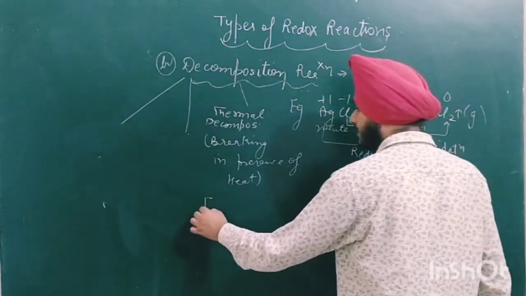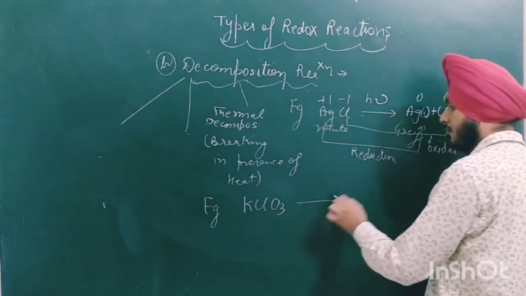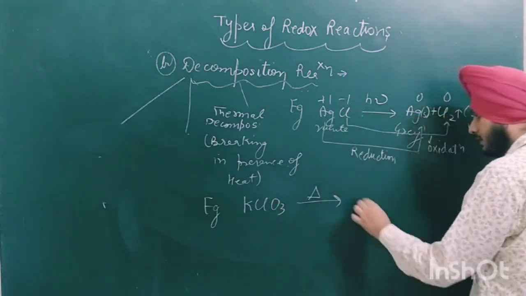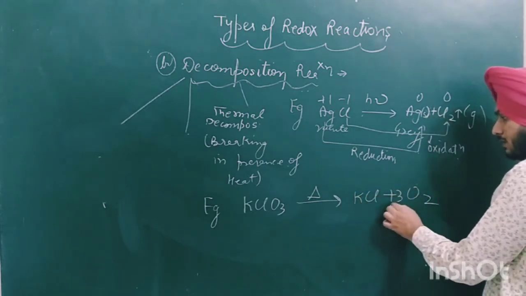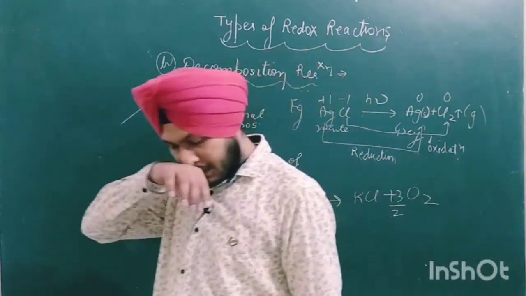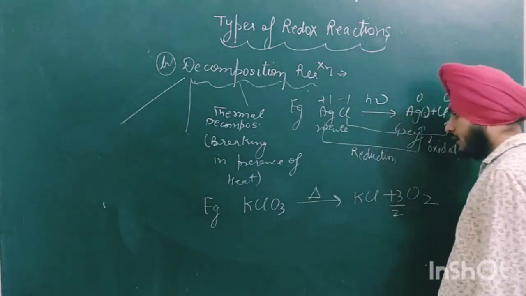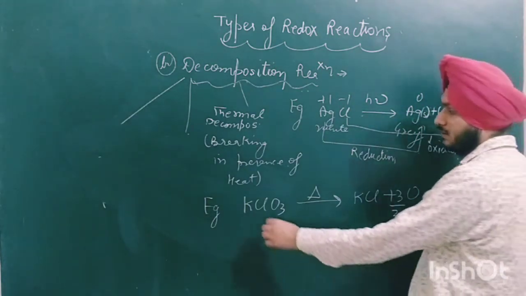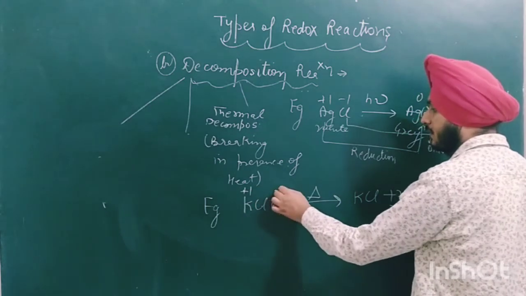What are its examples? The first example is breaking of KClO3. If we break this in presence of heat, we will get KCl plus 3/2 O2. Now how is it a redox reaction? Firstly, the oxidation states. The oxidation state of K is +1 and oxygen is -2.